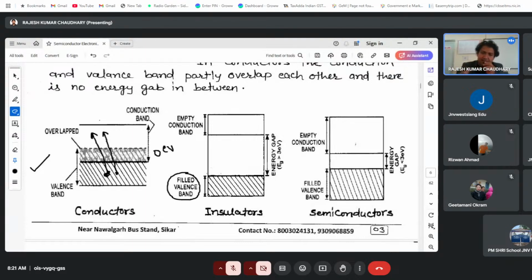I just want to make sure that you, my dear students, understand the concept that if electrons are near the nucleus, they have less energy. You know why your younger sisters and brothers, when they are infants, like 6 months, 1 year, 2 years old, are mostly attached to your mother and maybe your father?